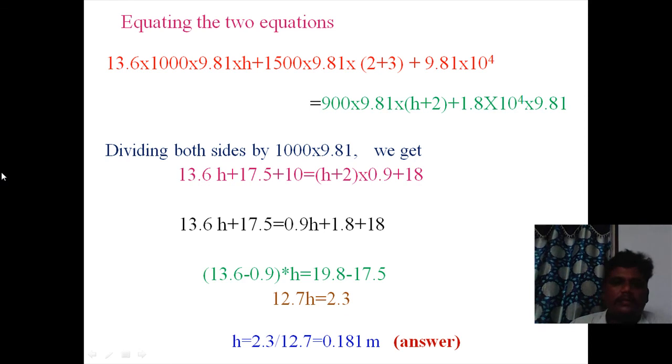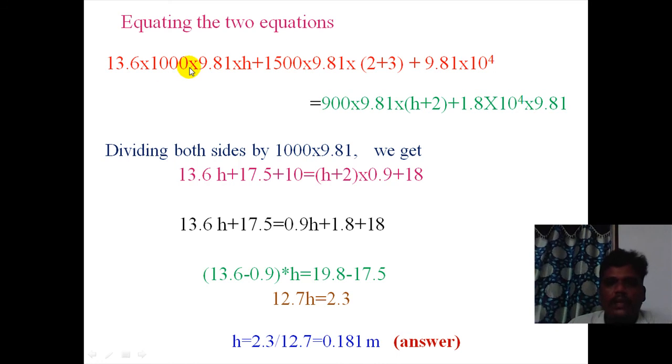Now equating the two equations 1 and 2, we get two equations equated. Now dividing by 1000 into 9.81, that is rho g, on both sides.